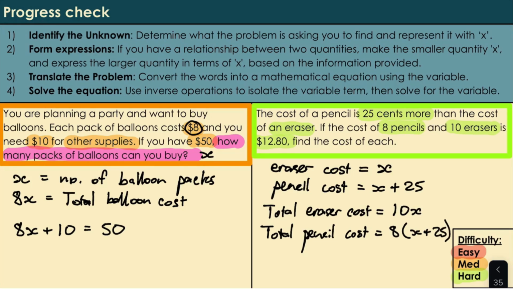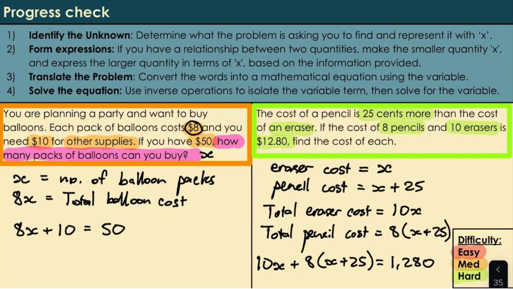Now we need to form our equation. So we have total eraser cost added to total pencil cost is equal to the total cost given. However, be careful. They give us the total cost in dollars. We will convert that into cents by multiplying by 100.